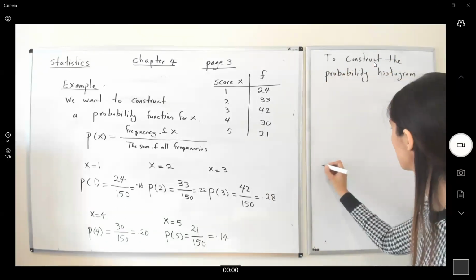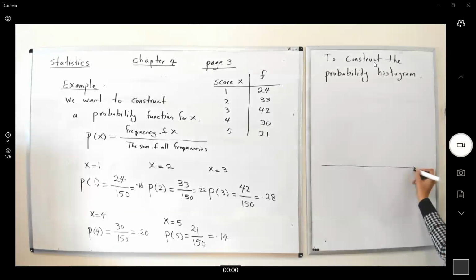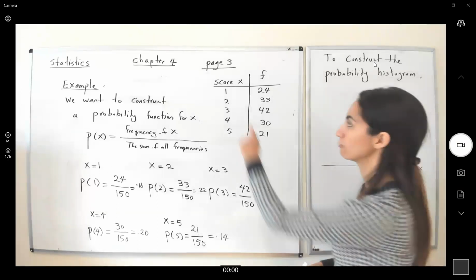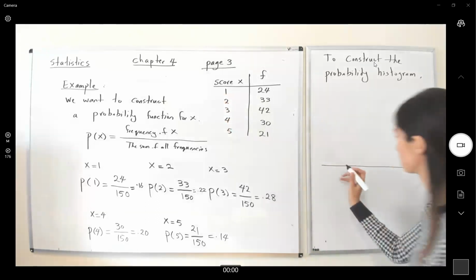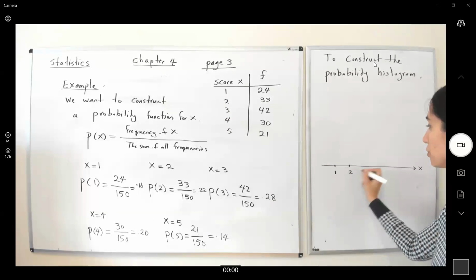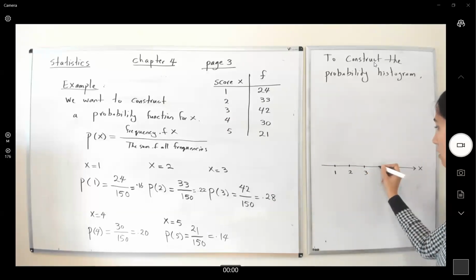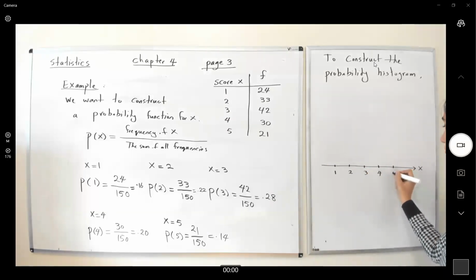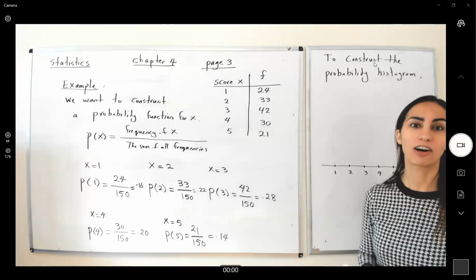So here you have your x. How many x's do you have? You have 1, 2, 3, 4, 5. X can be 1, x can be 2, x can be 3, x can be 4, x can be 5.